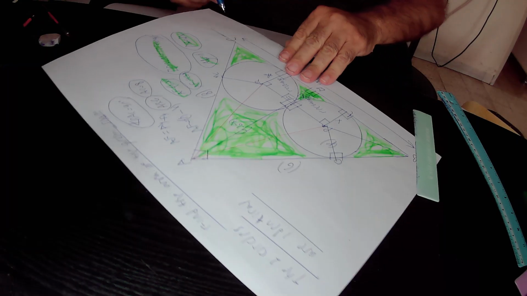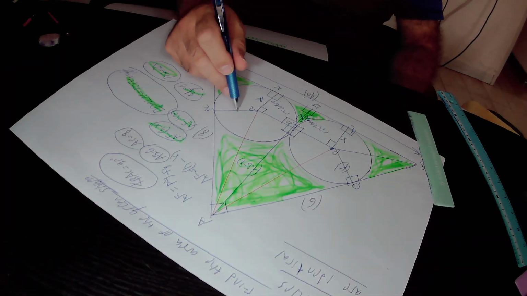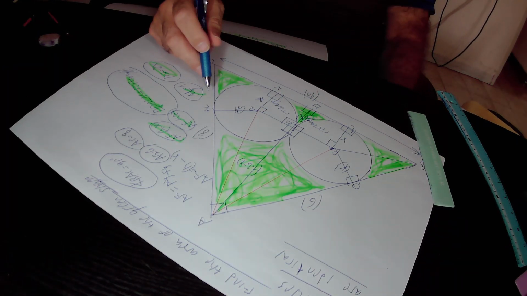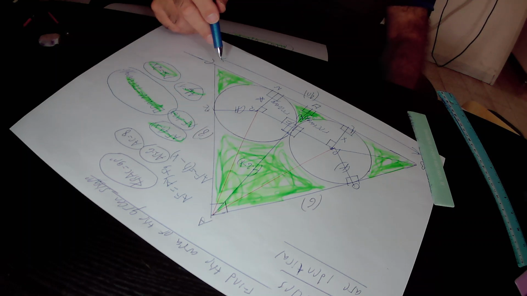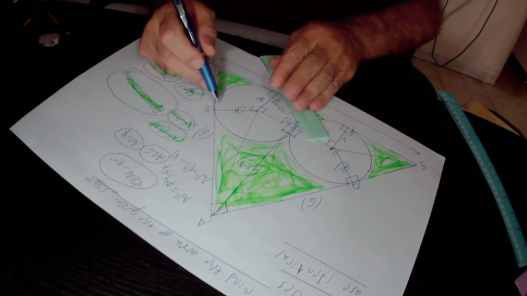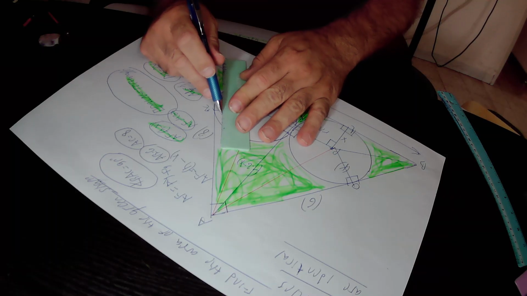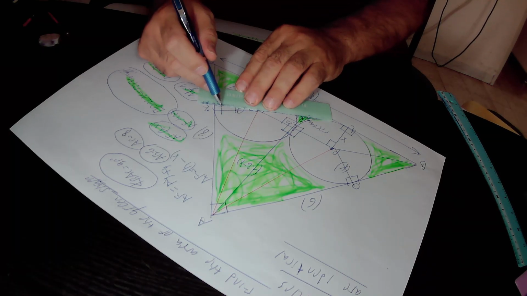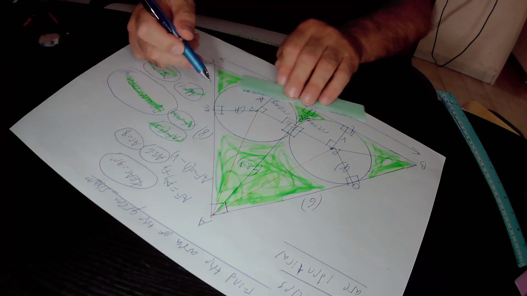ZQ is of course the radius of this circle that equals x. Point Z is the point of tangency of tangent AC with this circle, and therefore, according to 1, this angle equals 90 degrees, and this angle also equals 90 degrees.